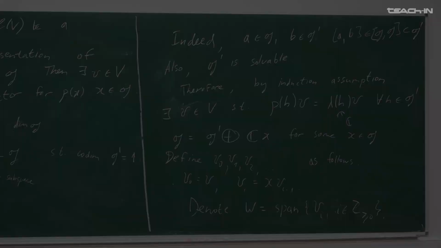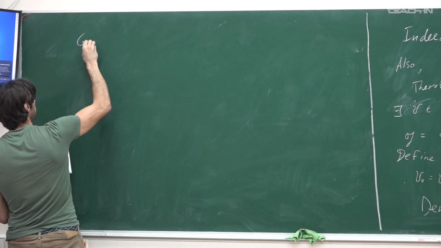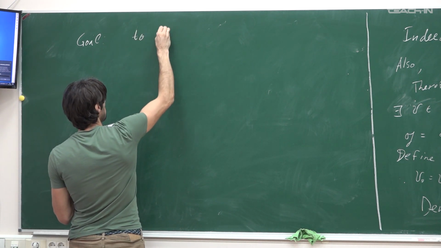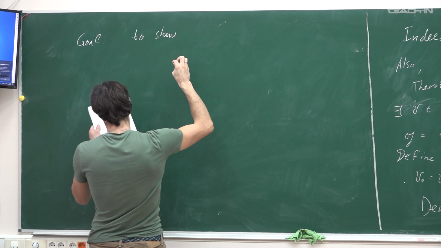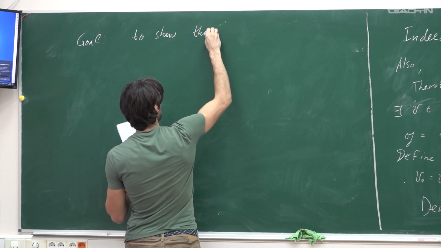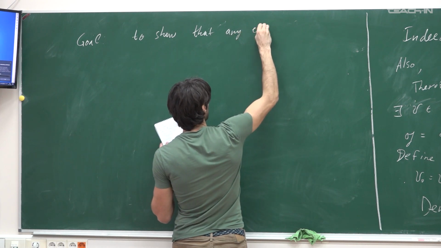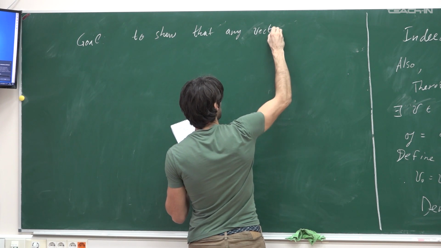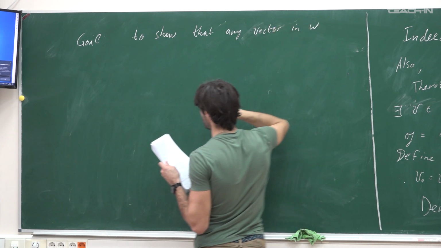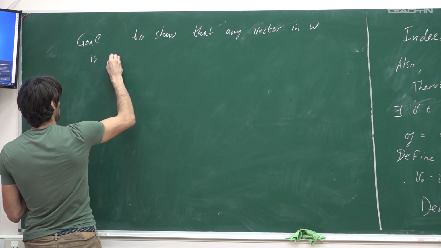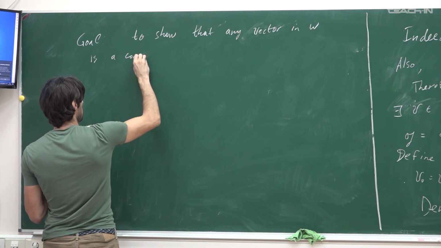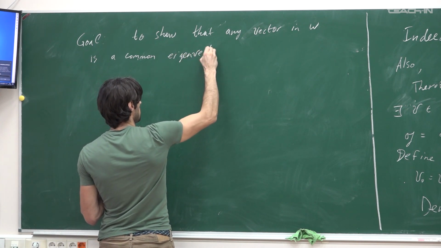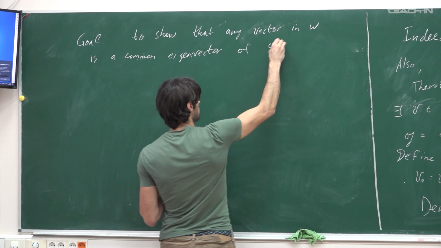So the goal is to show that any vector in W is a common eigenvector of G prime.